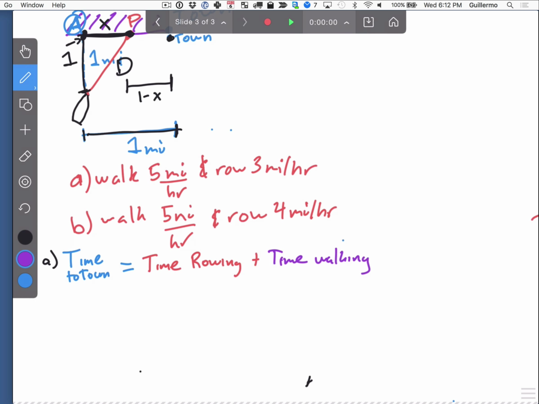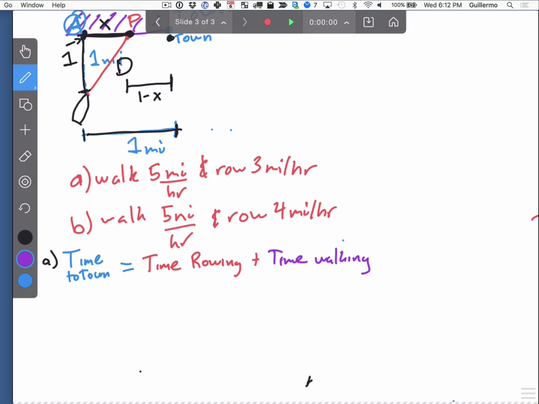What do you need to know to find either of those? Think of a formula that was drilled into your head over the course of many, many years throughout your early learning careers. Distance equals rate times time, right?